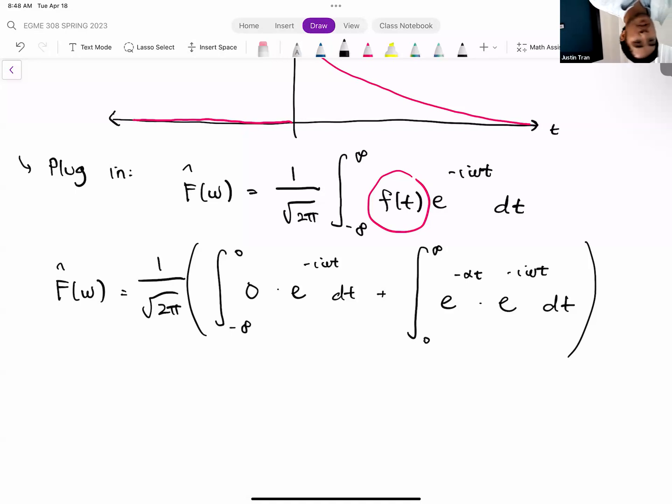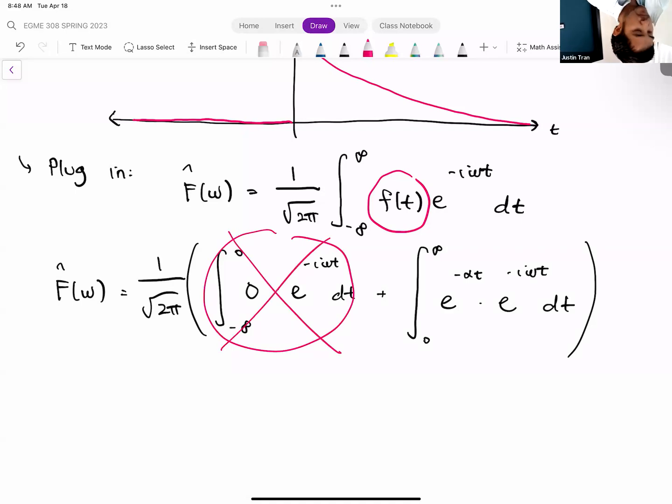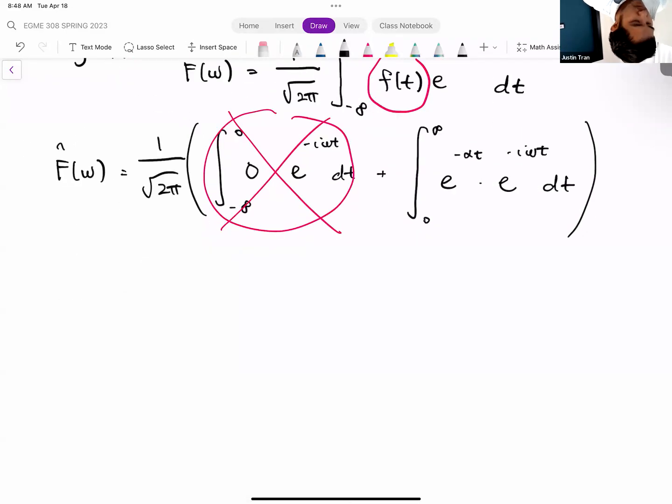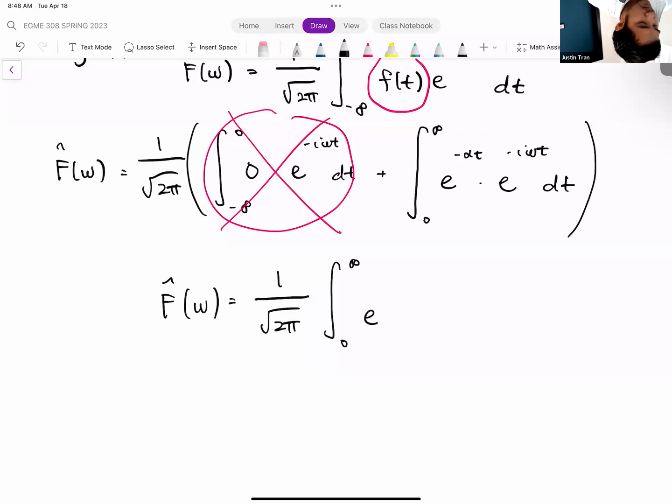Of course, the first integral is just going to be 0, so we're just going to cancel this one out. And so for our second integral, we have f hat of omega equal to 1 over square root of 2 pi, integral from 0 to infinity of e to the minus alpha plus I omega t dt. I had two exponentials multiplied by each other, and the base e is the same on both, so we can just add their exponents together just like that.